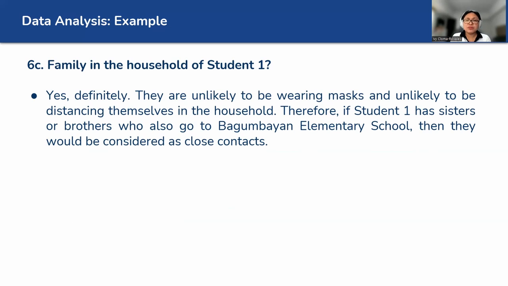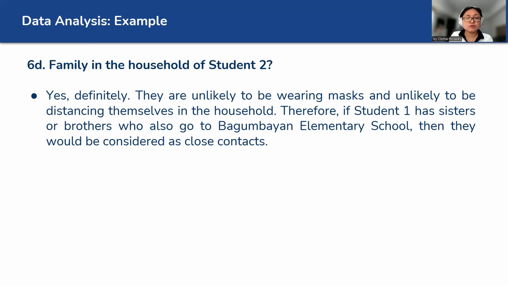How about the family in the household of student 1? Yes, definitely. Because in the house, they are unlikely to be wearing masks, right? They are sharing meals, they are sharing bedrooms and bathrooms. So they are unlikely to be distancing themselves. Therefore, if student 1 has sisters or brothers who also go to Bagong Bayan Elementary School, then they would be considered as close contacts.